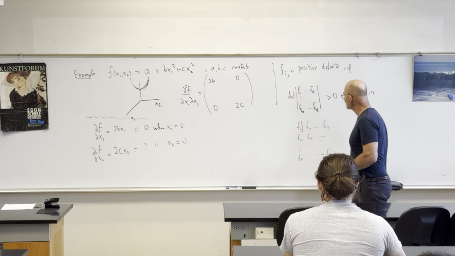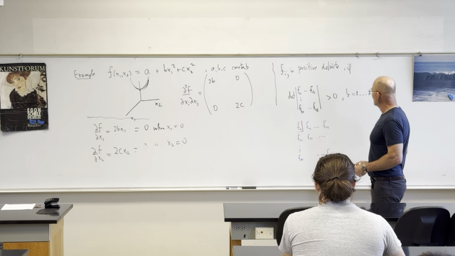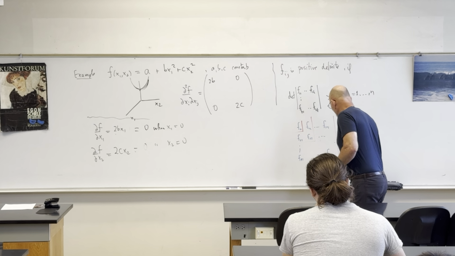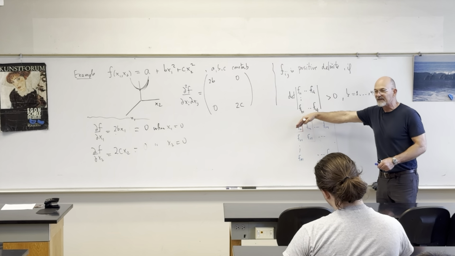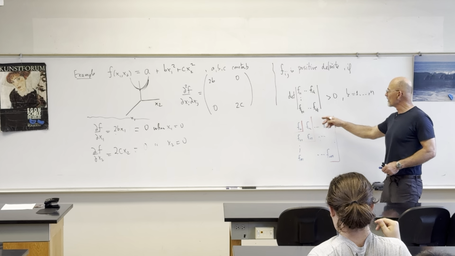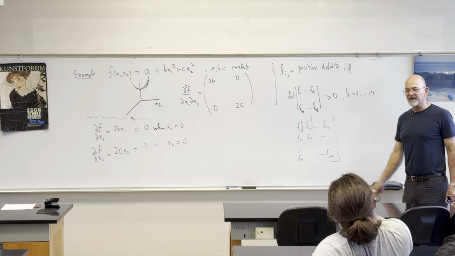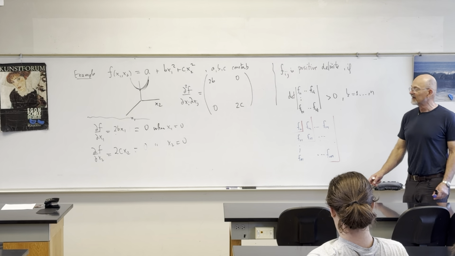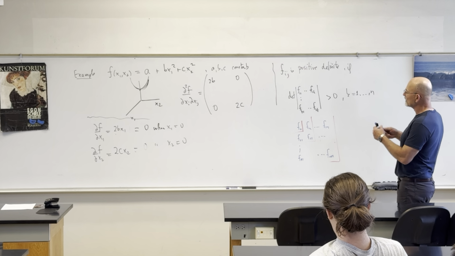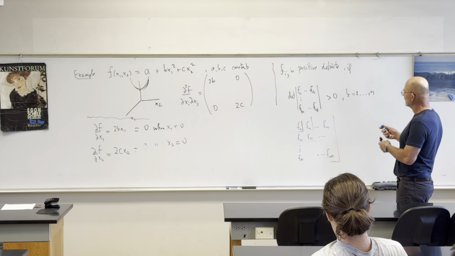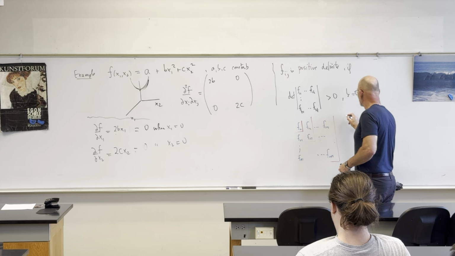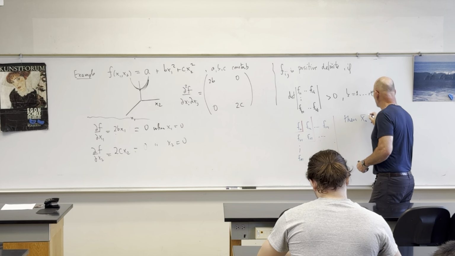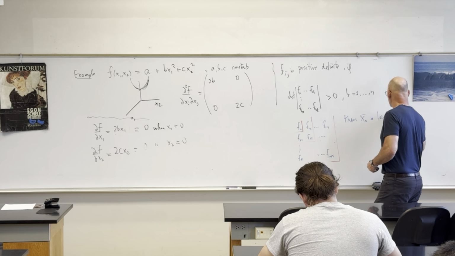If this one is greater than 0, and then this one, and then all the way out, taking us down to the corner, and if they're all greater than 0, then the matrix is positive definite. If not, it's not. You need that in order to have a local minimum. So then x0 is a local min.